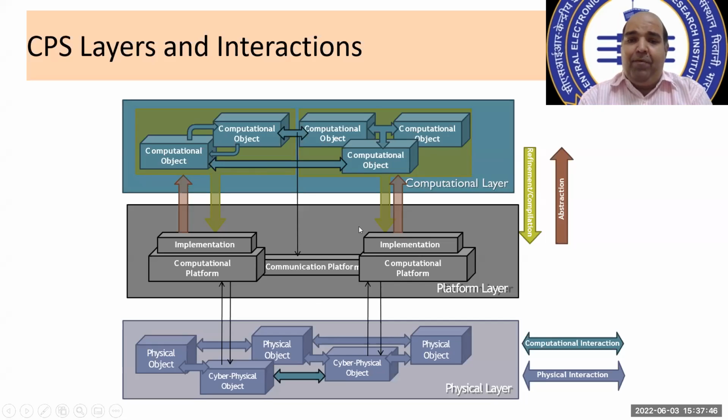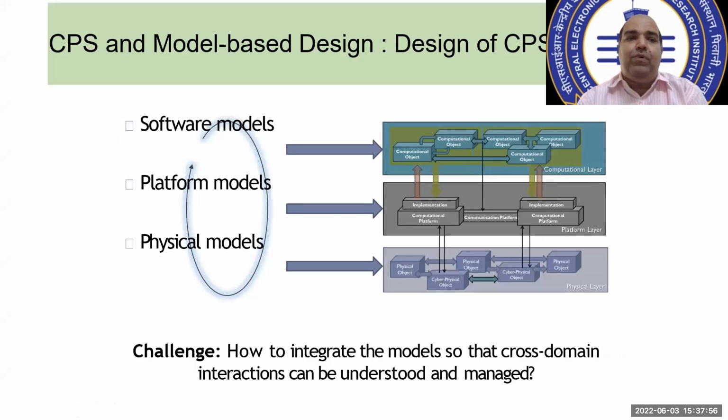The middle layer is the platform layer. The lower layer is the physical layer, where all the sensors, actuators, and other devices are interacting with each other.